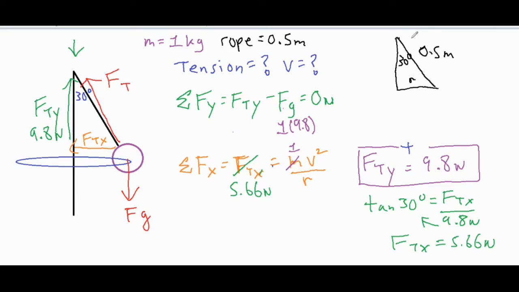So we have a 0.5 meter hypotenuse because that is the actual string right there. There's our 30-degree angle still. And then this distance over here is the radius of our circular path.